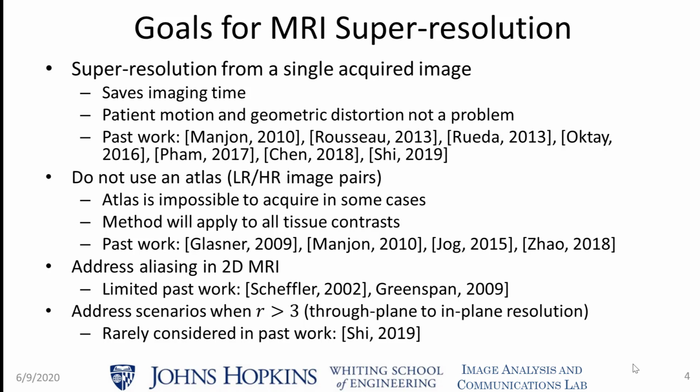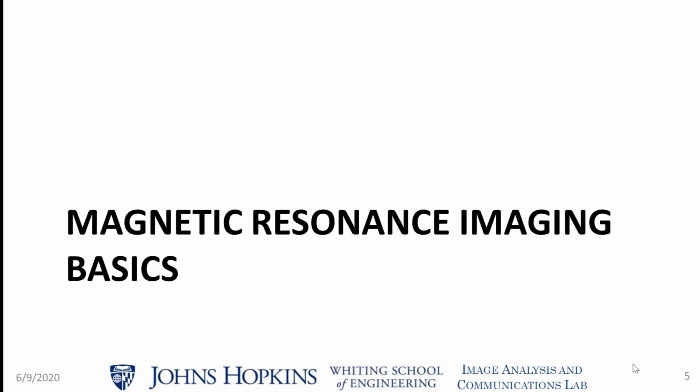As well, the 2D MRI example that I showed above is very common, and most people do not address aliasing in 2D MRI. I'll explain what that is in a bit. There is some past work on this, but this has not generally been combined in recent work on super resolution. As well, super resolution in MRI tends to avoid the scenarios where you have a very large anisotropy. For example, when the ratio between the through plane and the in-plane resolution is greater than 3. So we would like to consider these scenarios.